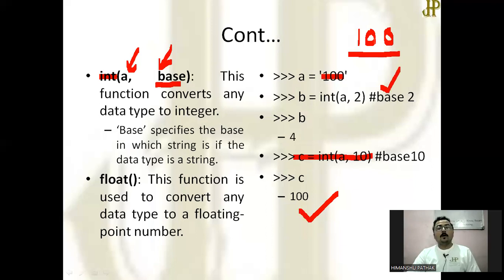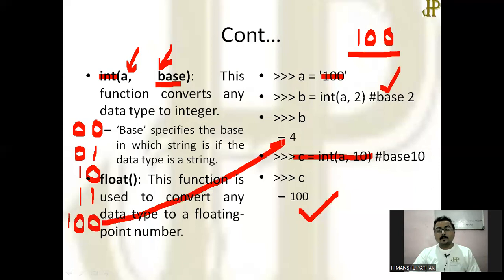You already know the value of 0 is written 00, value of 1 is written 01, value of 2 is written 10, value of 3 is written 11, and value of 4 is written 100. That's why 4 is printed. Clear?